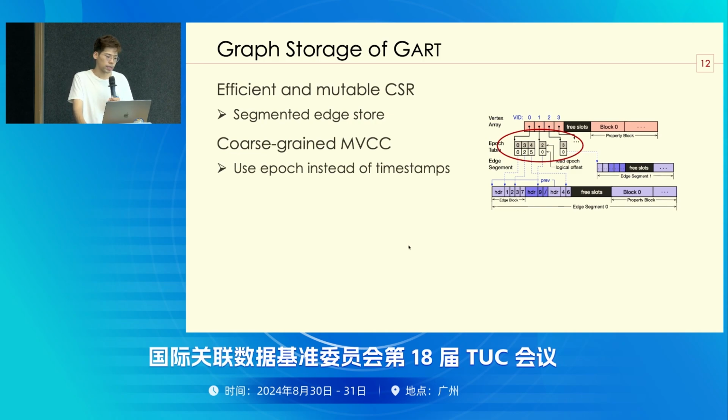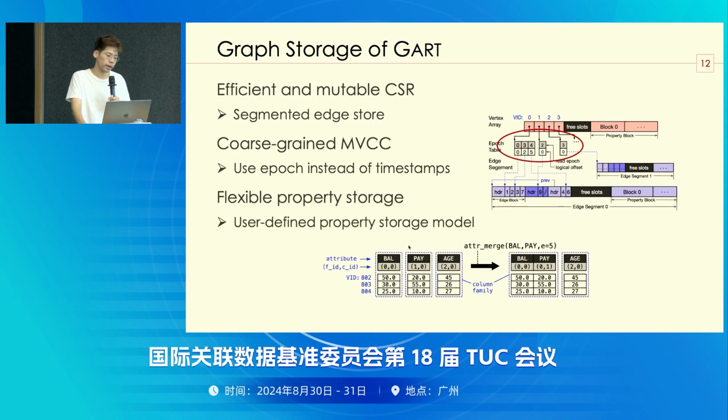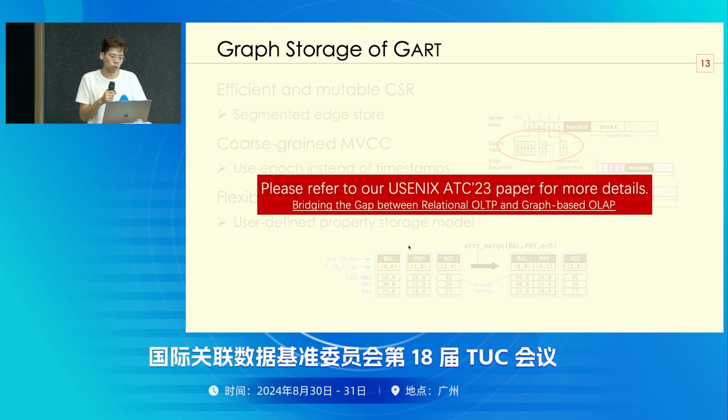We also designed a coarse-grain MVCC and a flexible property storage to release the constraints of the CSR. It supports multi-version operations on the graph storage, and it has performance comparable to the static CSR. Please refer to our paper for more details of the graph storage implementations and designs.